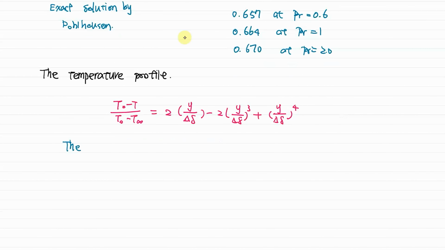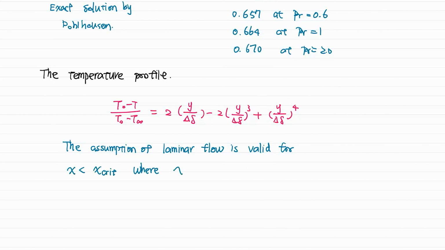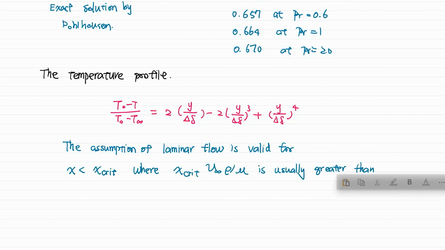So the assumption of laminar flow is valid for x smaller than the critical x, where x critical times v infinite times rho over mu is usually greater than 10 to the fifth power.